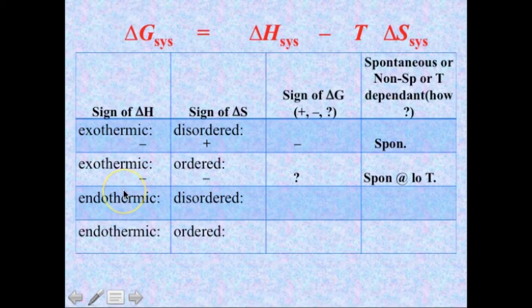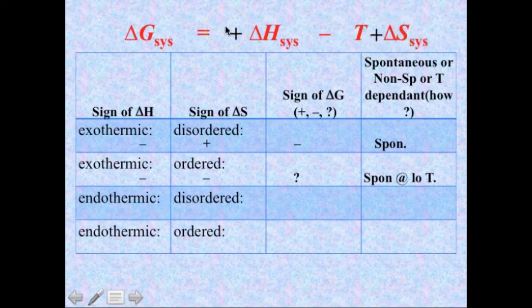Now, what about just the reverse, an endothermic process and the system becoming more disordered? In that event, the sign of the enthalpy change is going to be positive, and the sign of the entropy change is also going to be positive.